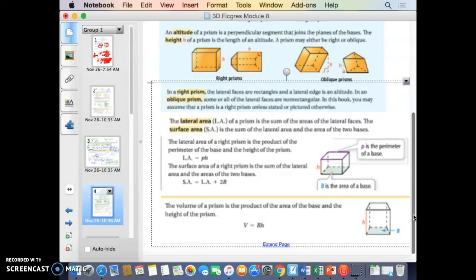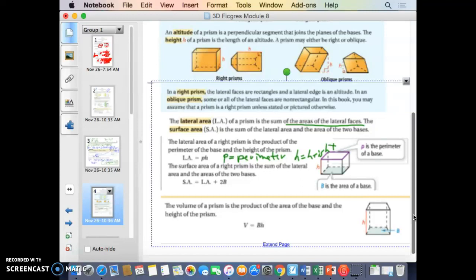To find your lateral area, it's the sum of the areas of the lateral faces. If you have a box and you take off the lid and the bottom, it's that other stuff in the middle. That is what we call the lateral area. You take the perimeter, P, times H, the height. The surface area is the lateral area, that middle part, plus the area of the two bases.